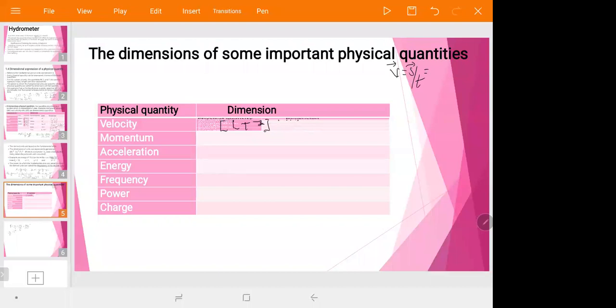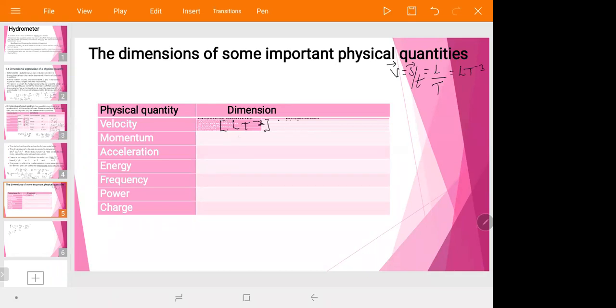Displacement means a type of length, so it is symbolized by L over capital T. When you bring up this T, it becomes minus: LT minus 1. So the dimension of velocity is LT minus 1.